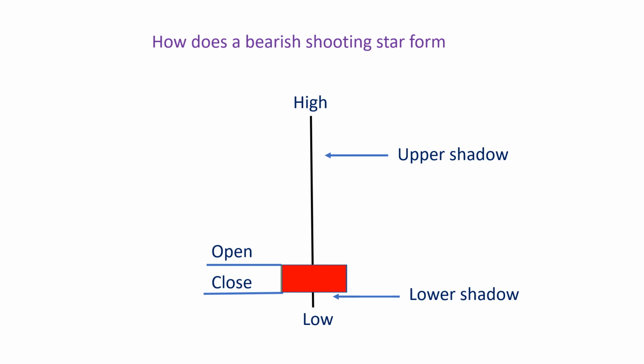But the short body means the sellers reject the higher price and push the price down toward the open price before the session closes. This is the psychology of the bullish and bearish shooting star. That is, in both cases, the sellers are in control of the market.